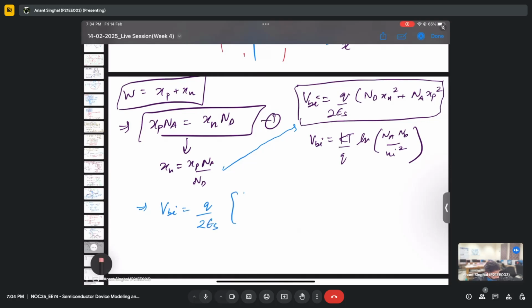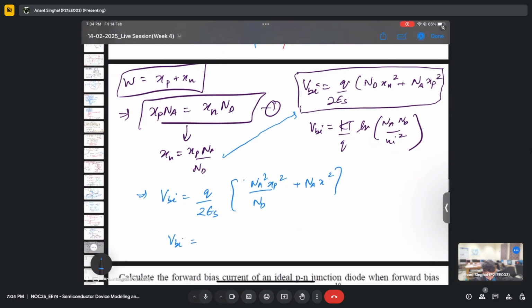Nd will come below and Na square will come above, xp square will come, and plus Na xp square. So Vbi will become q by 2 epsilon s xp square, I can take common. It will be Na square by Nd plus Na.